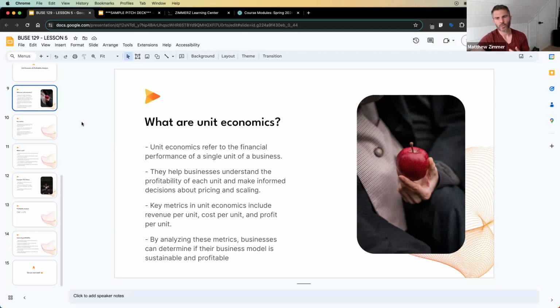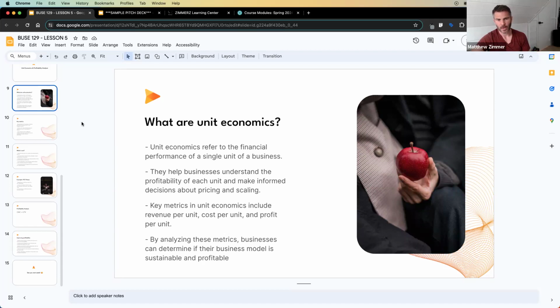Basically what we want to do is understand the profitability of that single unit. We're going to look at a single unit and understand how all this stuff breaks down on a per unit basis. From a cost structure standpoint, if we have a fixed cost, we're going to spread that fixed cost over all the units we're going to sell and analyze the profitability of a single unit based on the unit economics.